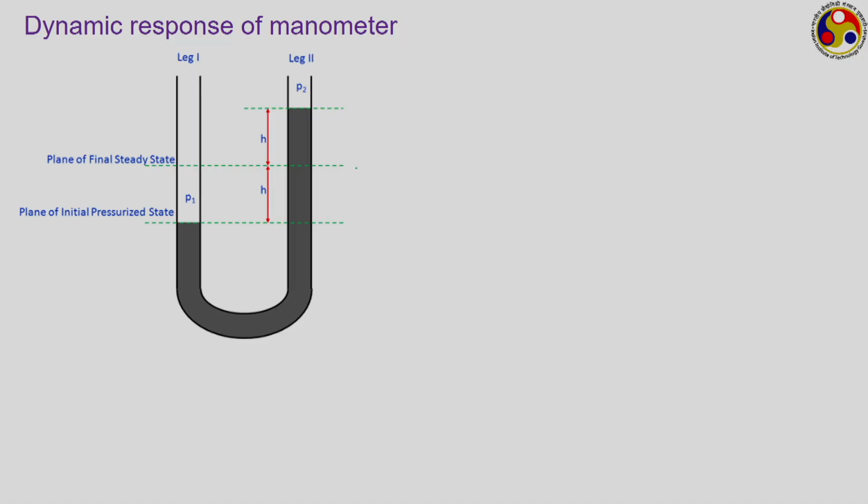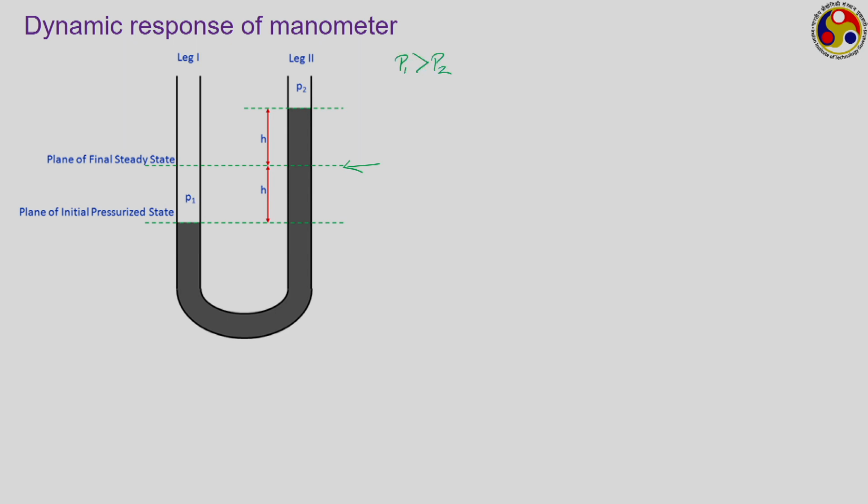What about the manometer? It is such a simple instrument, but what is its mathematical nature? To understand that, I have a simple U-tube manometer. This particular line is the corresponding steady state line, or the initial level. Now, suddenly both the legs are subjected to a certain pressure difference. Leg 1 is subjected to a higher pressure P1, and leg 2 to a lower pressure P2, so P1 is greater than P2.